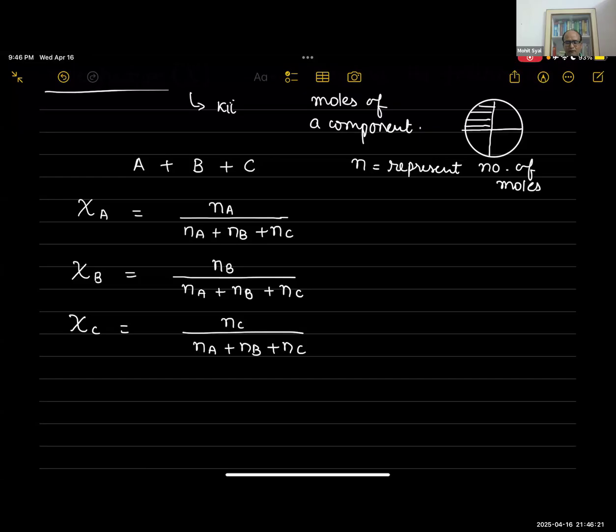Suppose you add all the different fractions, what will you get? When you add all the fractions, the sum of the mole fractions will be equal to one.